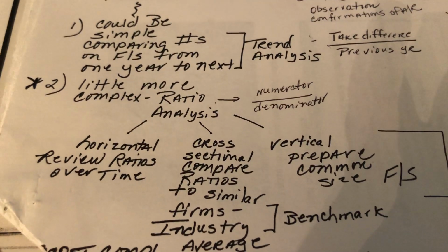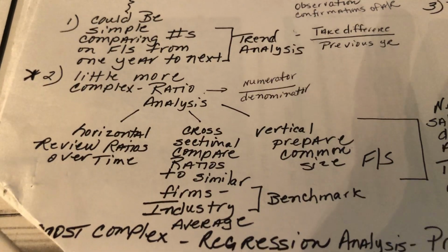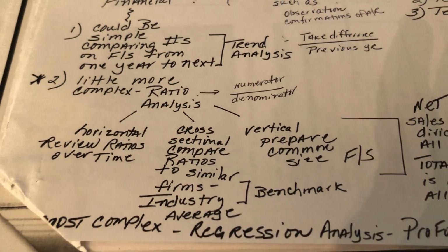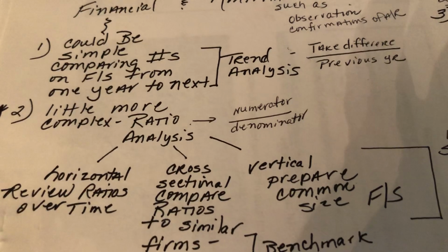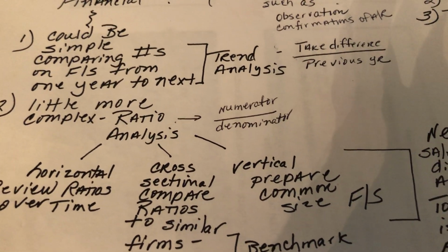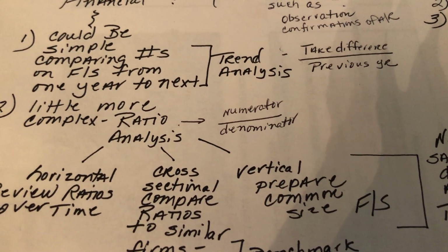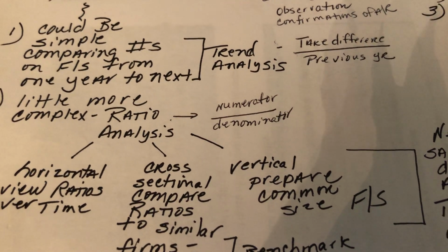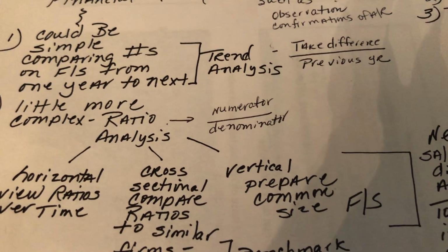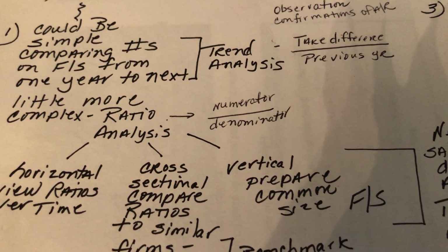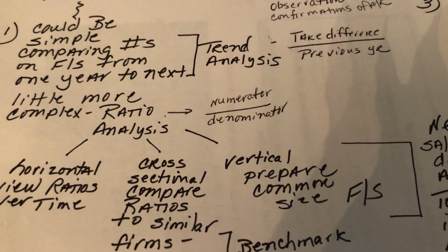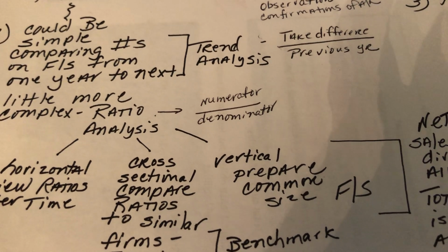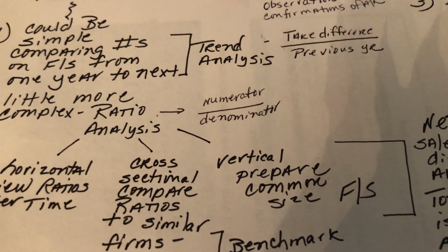Industry is going to be like the technology industry here. So there would be an average that would be what we call a benchmark, that you could see how far off they are. Or you want to look at vertical analysis, which is going to be going down the financials. You would be dividing all the income statement items by sales to change them to percentages, or you would be dividing your balance sheet items by total assets. So remember that for test purposes.